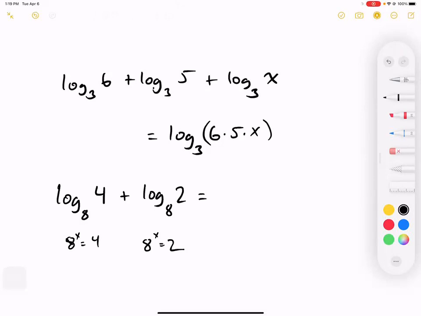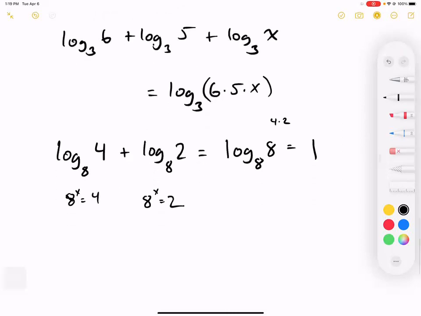But if we combine them, adding on the outside is multiplying on the inside. 4 times 2 is 8. Turns out that's just 1. Now, why would that be 1? Well, turns out our exponents here would be 2 over 3 and 1 over 3. And 2 over 3 plus 1 over 3 is 1. The exponents that would have worked are these answers here.